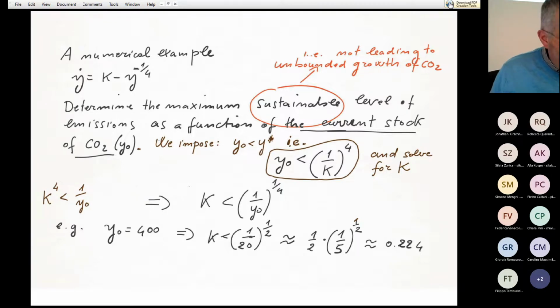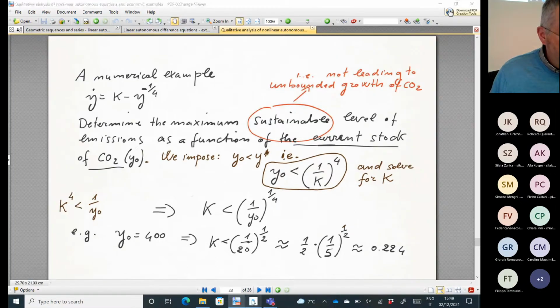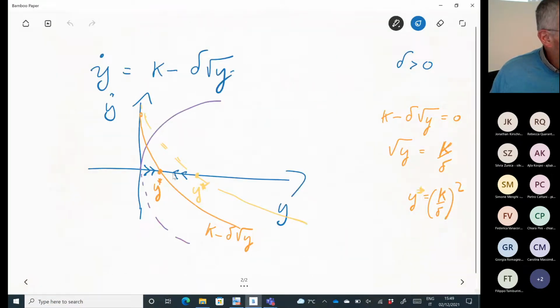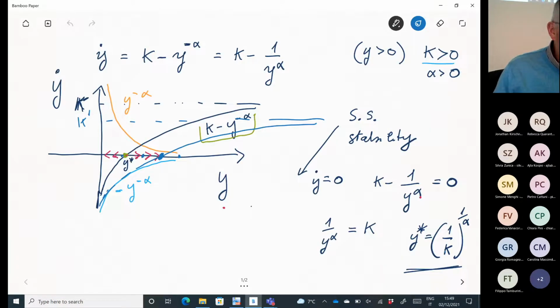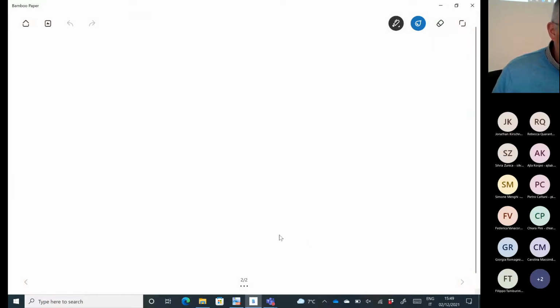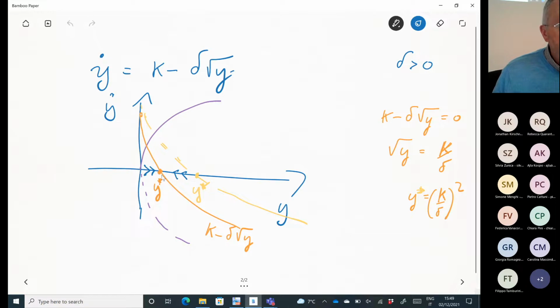So I want to point out the threshold effect, which appears every time we have an unstable steady state like this. So basically, in applied dynamic models, stable steady states represent the long-term outcome of a system.